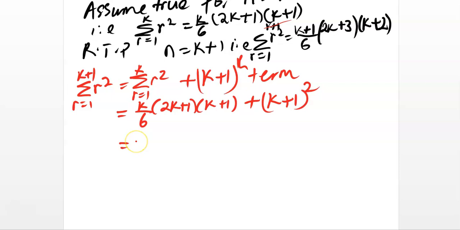to factorize. There is 6 here. There is no 6 here. If I want to make the LCM here, I will have 6. Equally, there is k plus 1 here and k plus 1 squared. So I'll factor out k plus 1. 6 divided by 6 is 1, 1 times k.